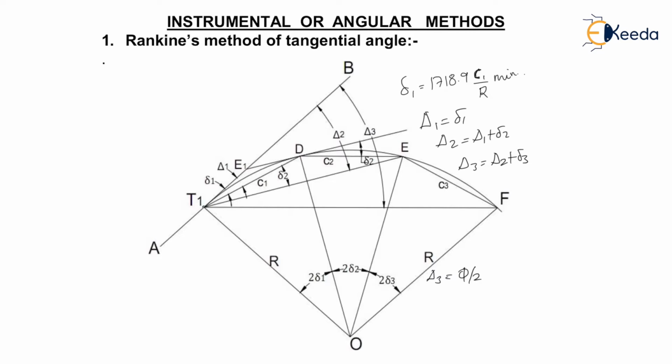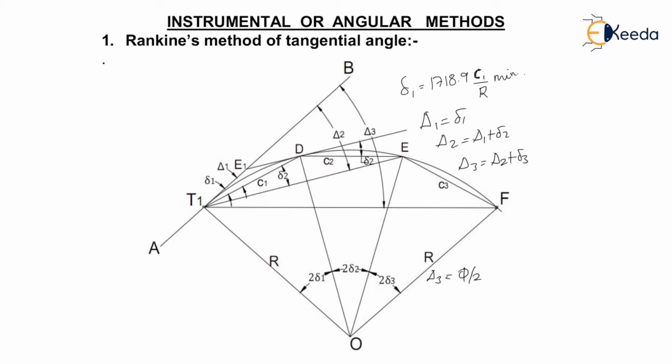In the same manner, we bisect point F by setting total delta 3 on the theodolite, standing at E with the chain's zero point at E and the length equal to C3, and swinging the chain. Where we bisect the line of sight, that point will be your F point.